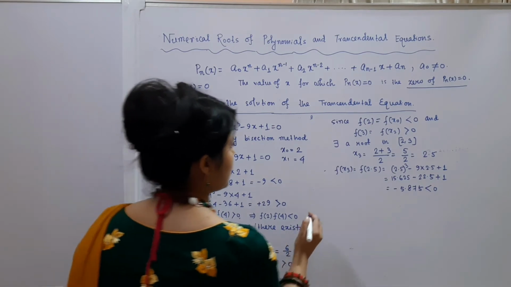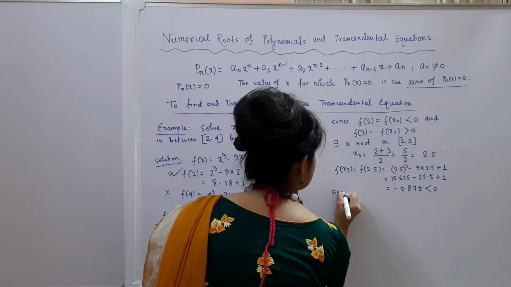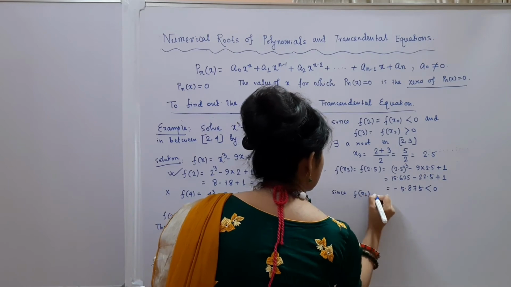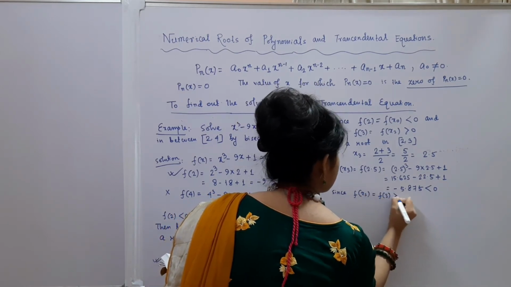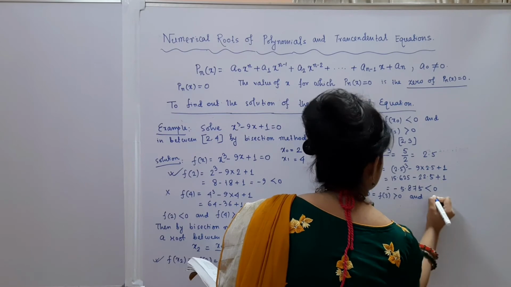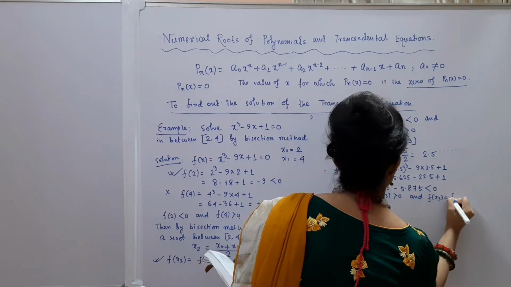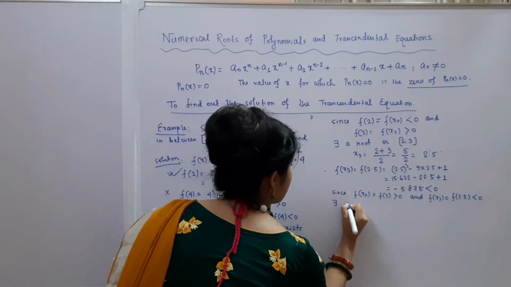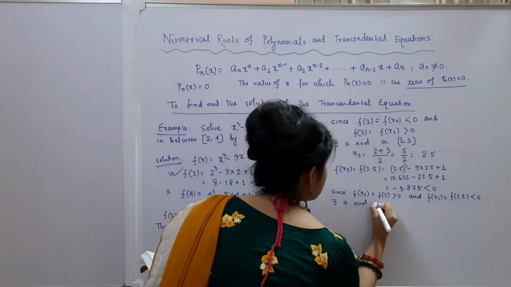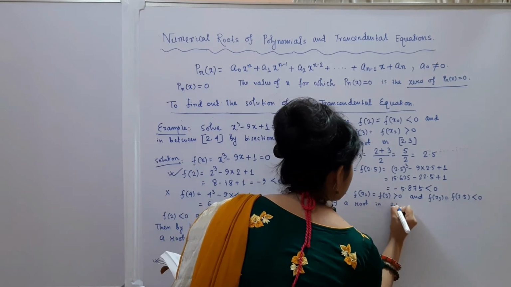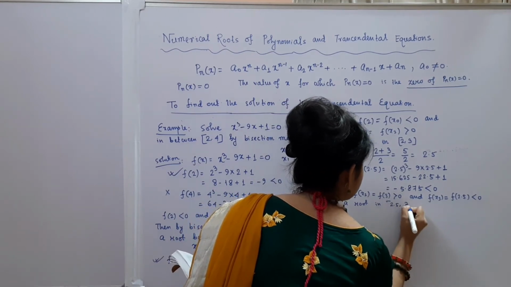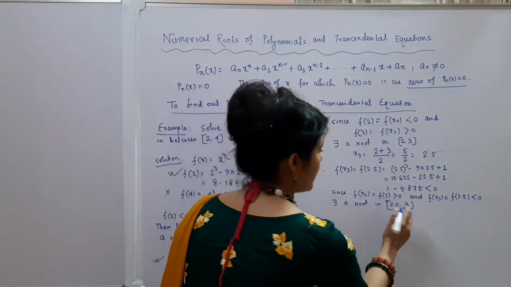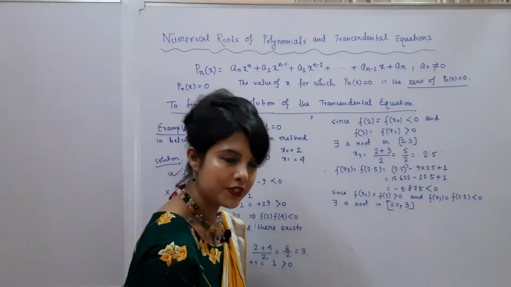Since f of x2, that is f of 3, is positive, and f of x3, that is f of 2.5, is negative, there exists a root in 2.5 comma 3, because they are of opposite sign.